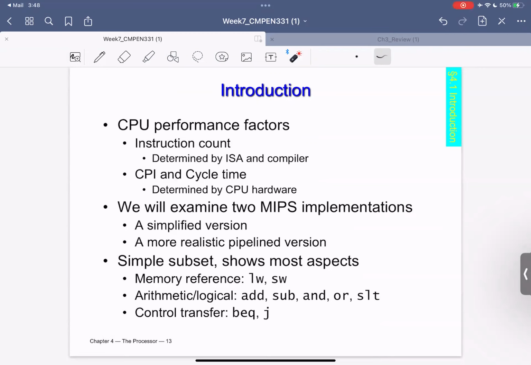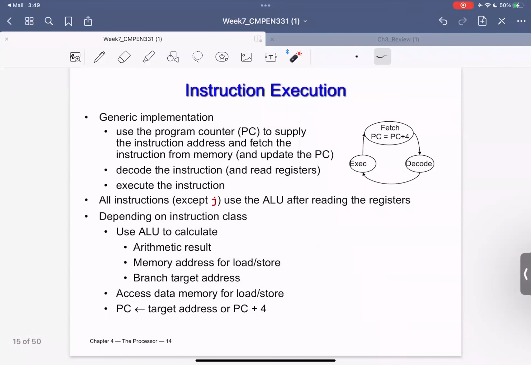These two formats will cover store word, load word, how we can access the memory, how we can access the register, all of the steps needed from the very beginning of entering just the zeros and ones to the CPU, and then outputting whatever execution we would like to get. We'll see all of the steps in detail.